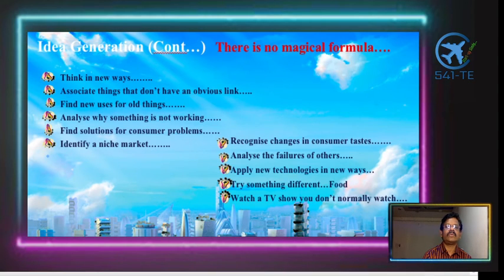There is no magical formula for idea generation. So think in new ways, associate things that don't have an obvious link, find new uses of old things, analyze why something is not working and find a solution for consumer problems, and identify niche markets. Recognize changes in consumer taste, analyze the failure of others, apply new technologies in new ways, and try something different, like food, and watch TV shows you don't normally watch.